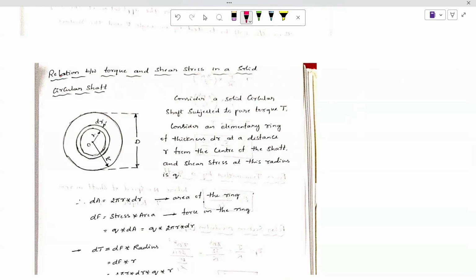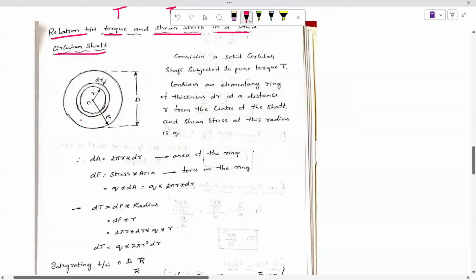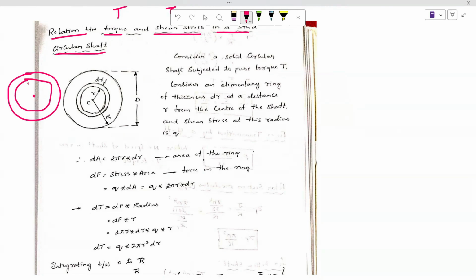Now we are going to derive the relation between torque, that is capital T, and shear stress, tau, in a solid circular shaft. For that, we need to consider this small circle. Just consider a circle, this is the center. Apart from this, consider any other radius as a ring.